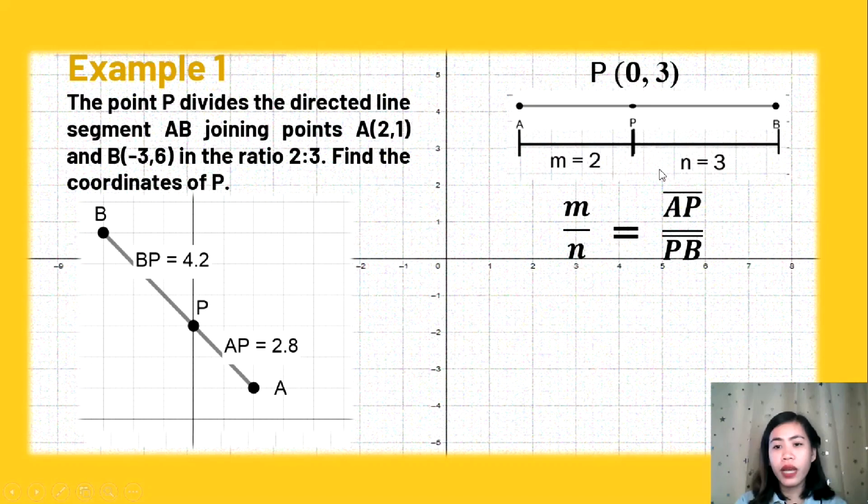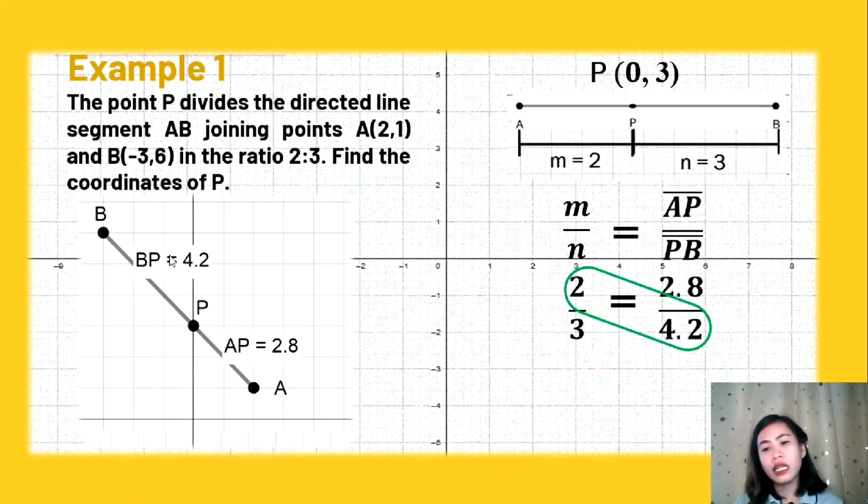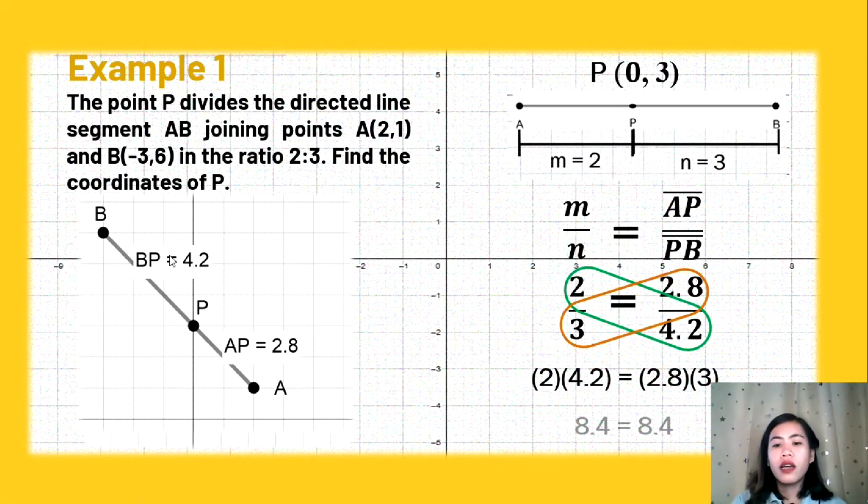And si N naman, we have line segment PB. So, M is to N, given na ang ratio natin, 2:3, is equal to, ang length ng line segment AP is 2.8, line segment PB is 4.2. So, yung cross multiplication kanina na ginawa natin, we have 8.4. Since parehas tayo ng product, so ibig sabihin tama yung sagot natin.